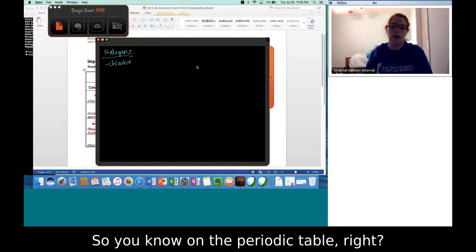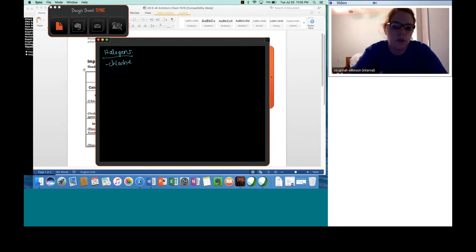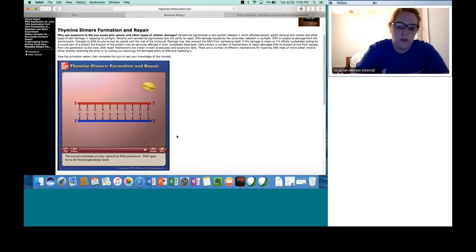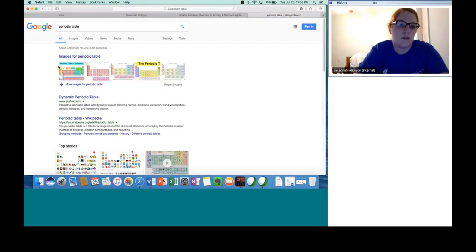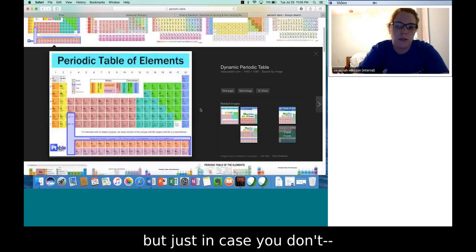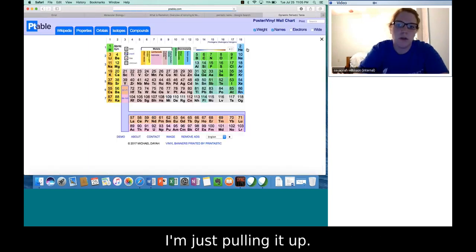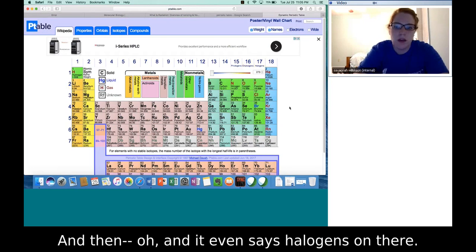On the periodic table, I hope y'all know where the halogens are, but just in case you don't, I'm pulling it up. And it even says halogens on there. Okay, anyway.